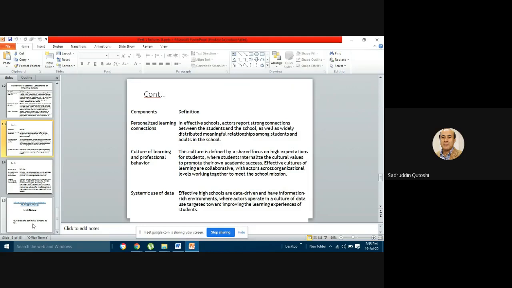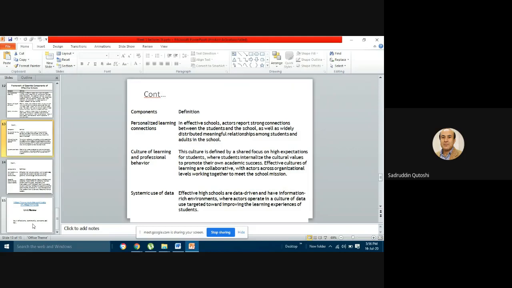Based on that, you need to think about a program, a plan, how that program helps you to develop a culture of learning in your schools, focusing on professional behavioral conduct in your school.